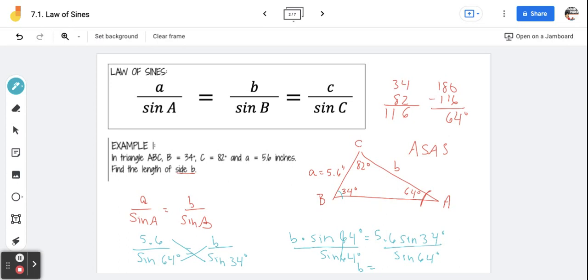And all right, so I have 5.6 sine of 34 divided by sine of 64.